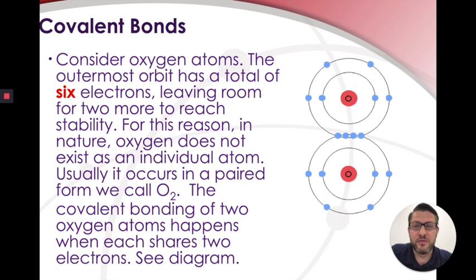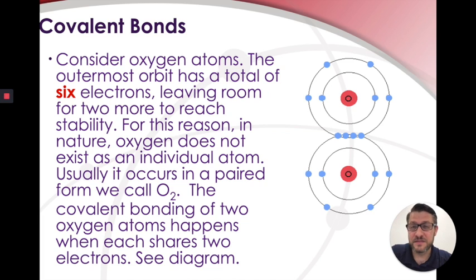When we have covalent bonds, what's going to happen is instead of transferring electrons, atoms are going to hang on to their electrons and share them instead. Atoms don't really care if you're sharing an electron with another atom as long as your orbital is full. So in the example that we have here, we have an oxygen molecule. So this is 2 oxygen atoms bonded together.